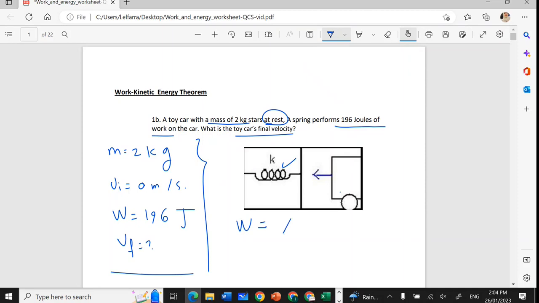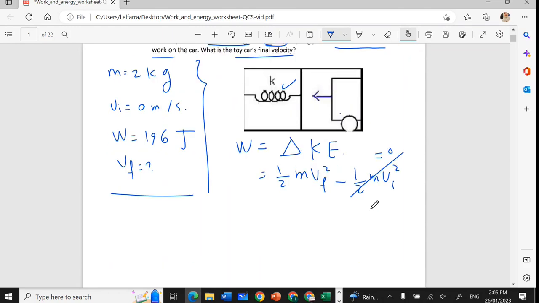Work equals change in kinetic energy. When we study the conservation of energy, we can also solve this question with conservation of energy. This will equal half m v final square minus half m v initial square. Since v initial is 0, this term will equal 0.